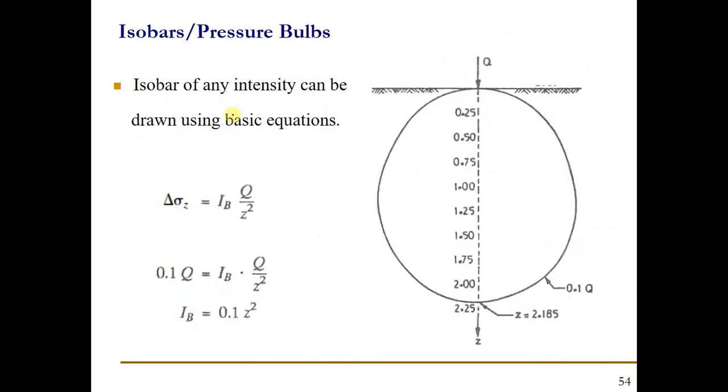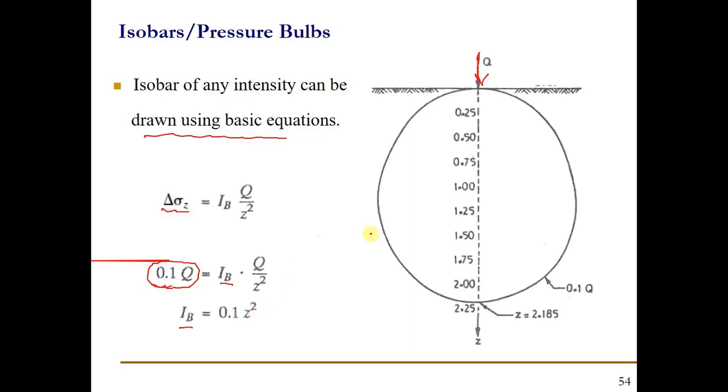An isobar of a given intensity can be drawn using the basic equation for a point load. Delta sigma Z is equal to I_B times Q by Z square. In order to draw an isobar of 0.1 Q, we write I_B times Q by Z square, and I_B is equal to 0.1 Z square.